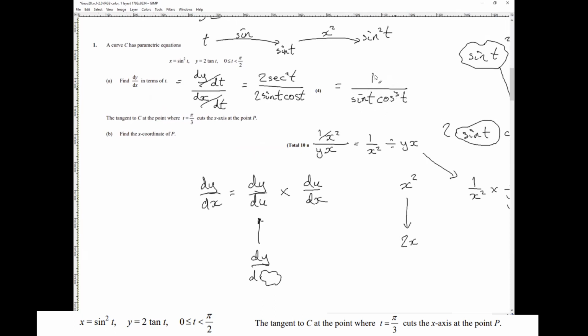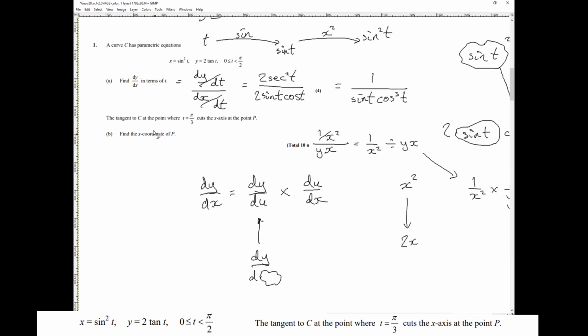The 1 over sine t is giving me the cosec, and sec cubed. So cosec times sec cubed. Well done. That's true. I'm not sure if either of those is best.